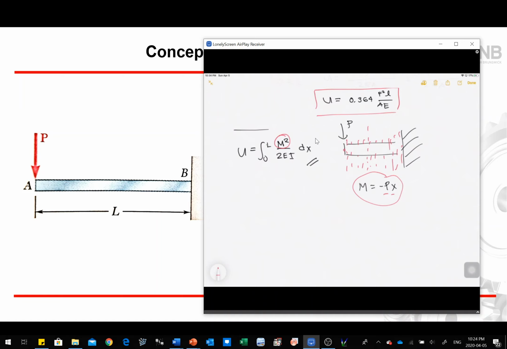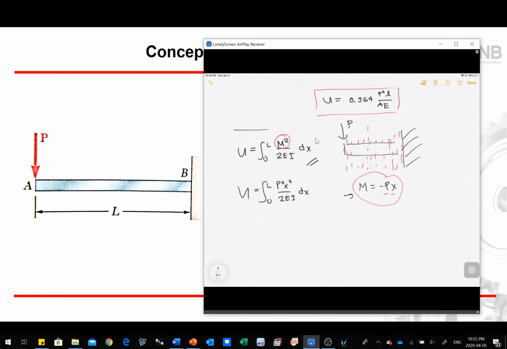Now, using this equation here, we can calculate the strain energy of our beam. So now U is equal to the integral from 0 to L, that's the full length of our beam, and this equation holds from point A to point B, which means we have P squared X squared divided by 2EI dx.